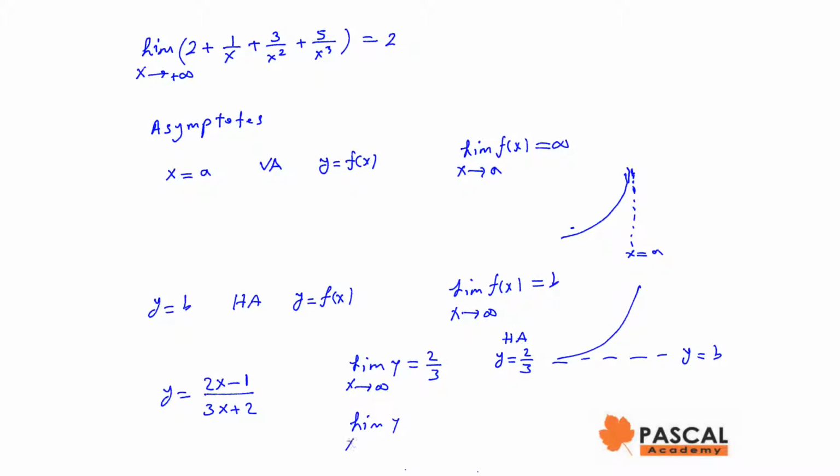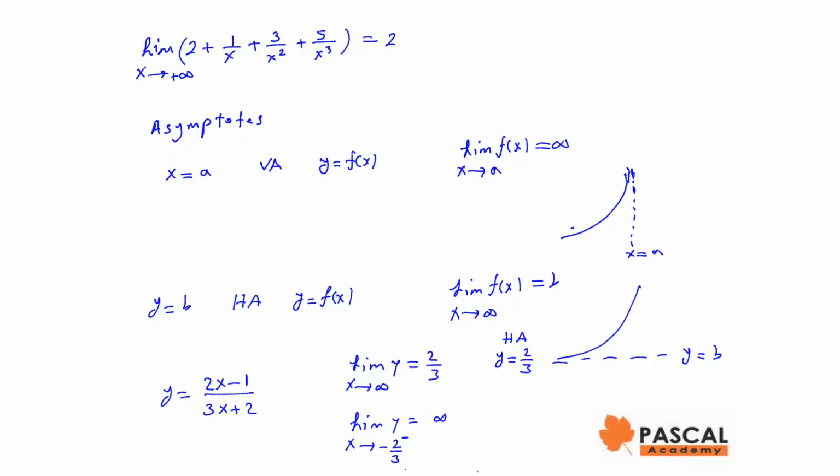Limit of y as x approaches negative 2 over 3 from a little bit smaller than negative 2 over 3 is definitely infinity, but we want to see if it is positive or negative.